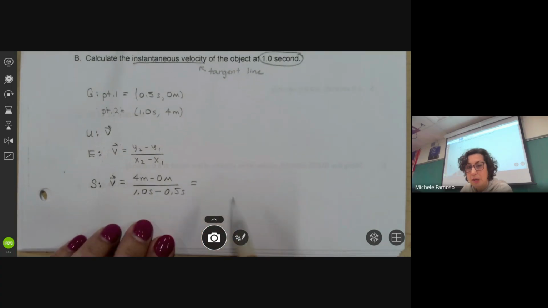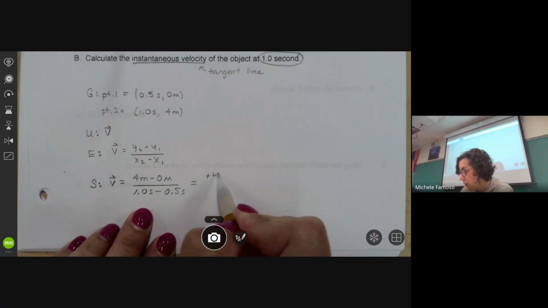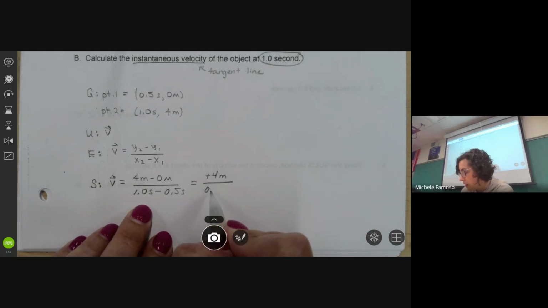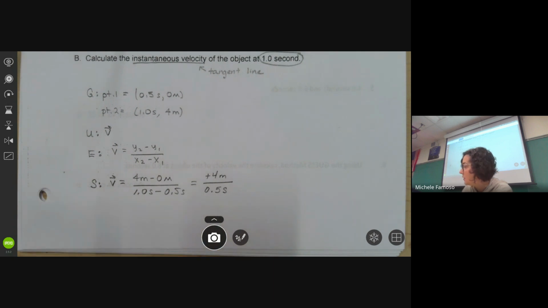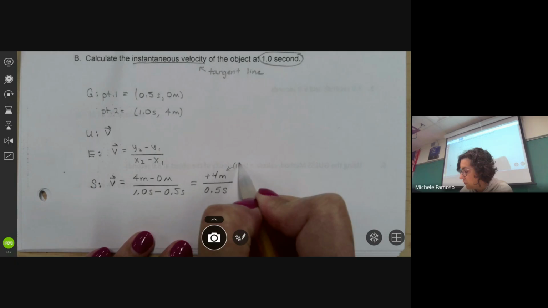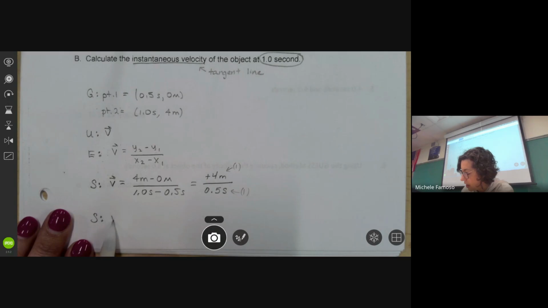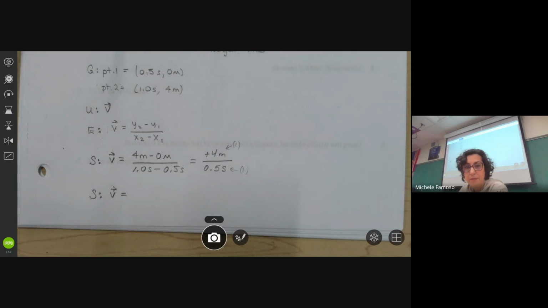Now the rule is we keep precision. So in the numerator, that would give me positive 4 meters. The denominator would give me 0.5 seconds. That keeps the precision out to the tenths place. Numerator has 1 sig fig. Denominator has 1 sig fig. So you're going to round your answer now to one significant figure.